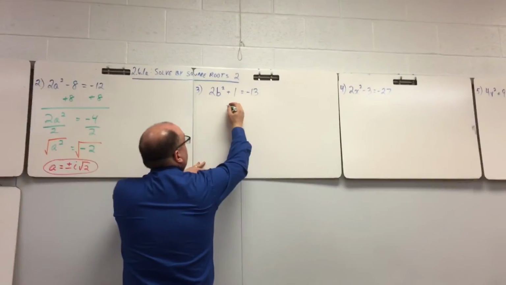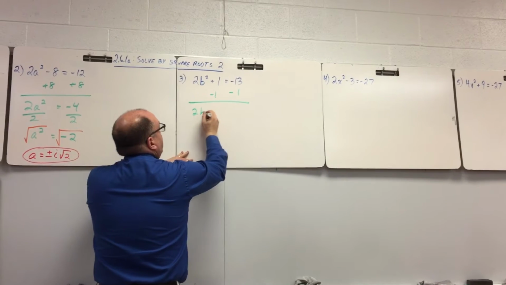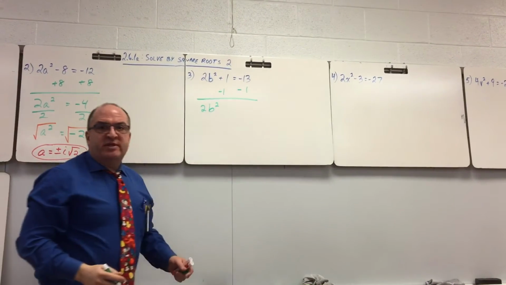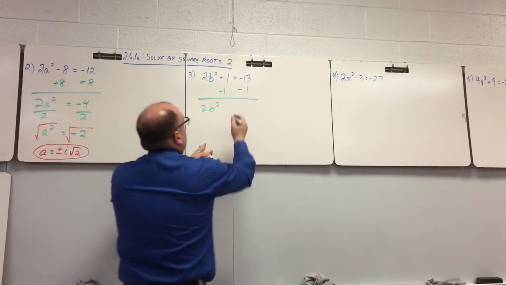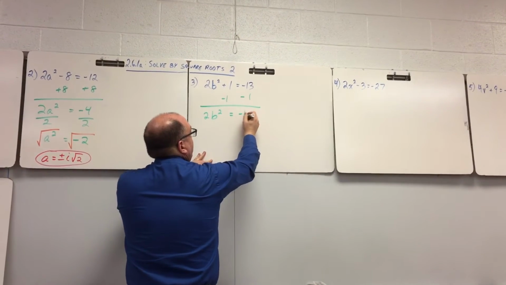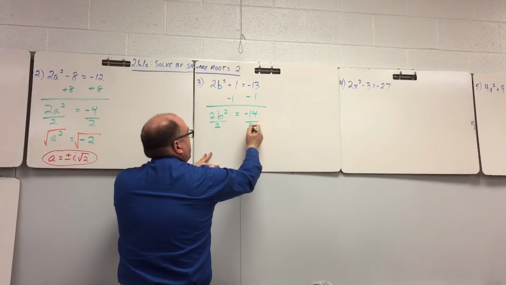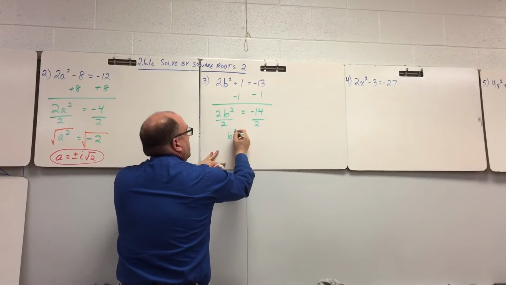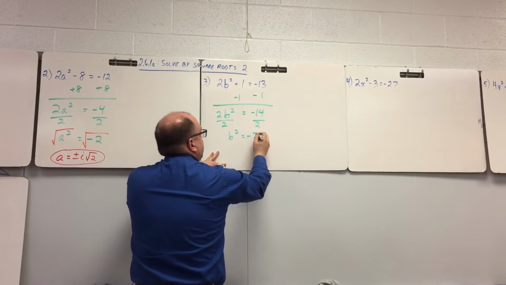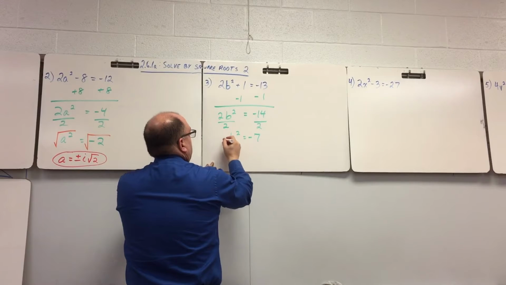Over here. Minus 1 from both sides. 2b squared, because it's hip to be squared, equals negative 13 and negative 1 makes negative 14. Divide by 2. b squared equals negative 7. You take the square root.